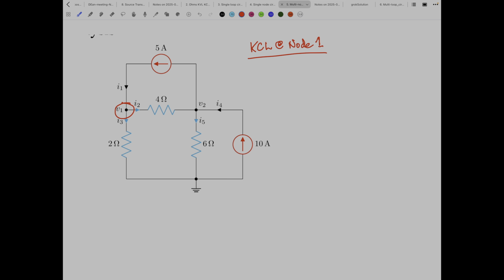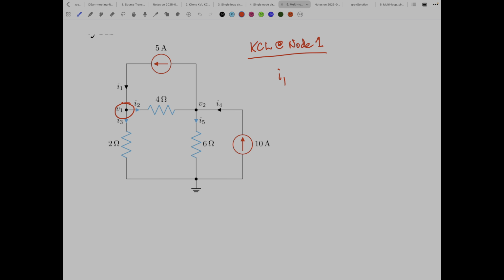So starting with this branch right here, I see that that branch is carrying current I1. All right, I1. And I'm going to take the current into the node as positive and out as negative. And I'm going to do that for all of my nodes, and you'll see what will happen.